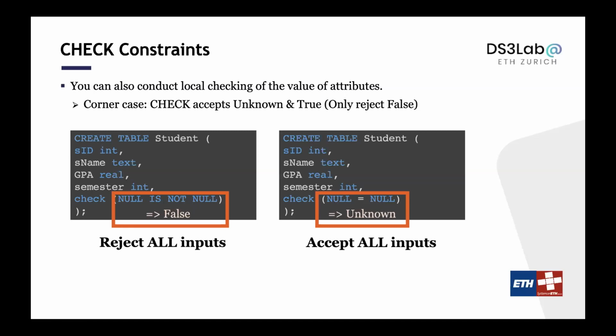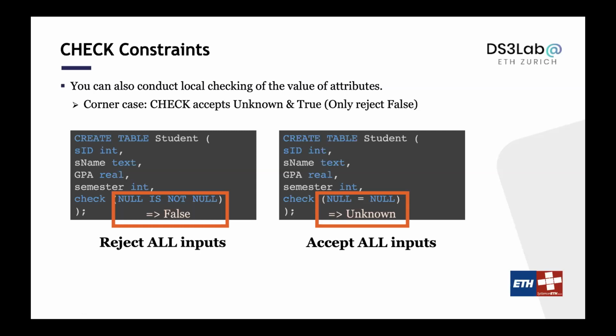If you think about the condition on the left-hand side, it is always going to evaluate to false, no matter what you put in, because null is always null. So whatever example you put into the database is going to be rejected.